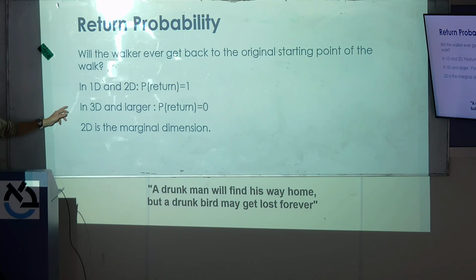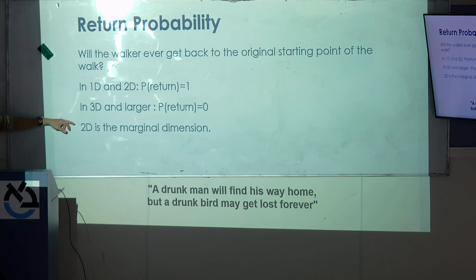But in the 3D case, you have t over t to the power 3 over 2, so it's 1 over square root of t. So when t becomes large, the probability of return goes to 0.